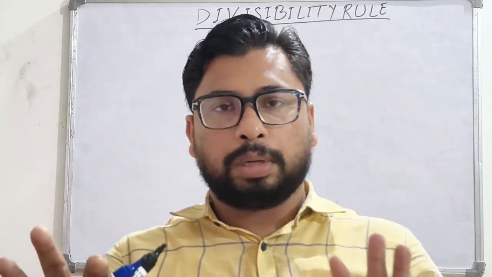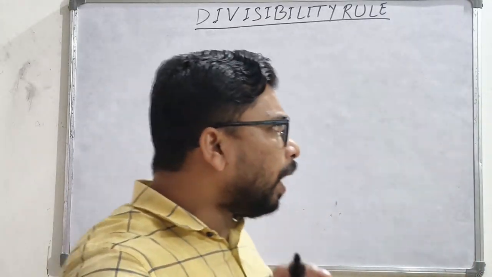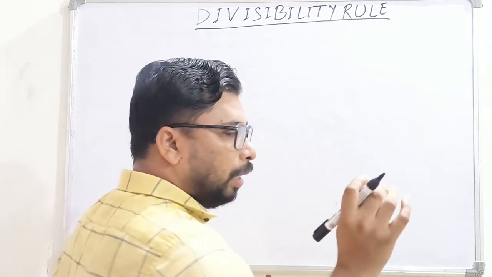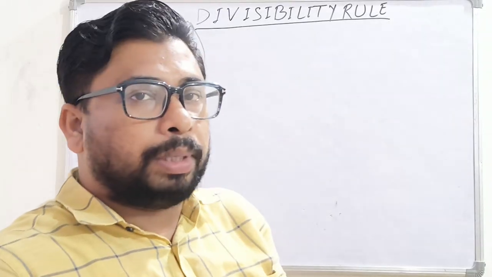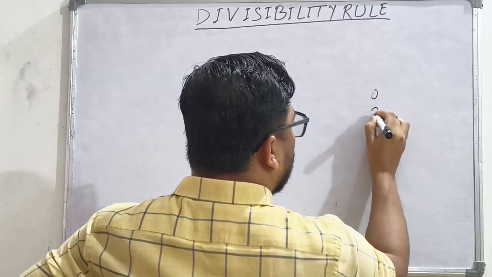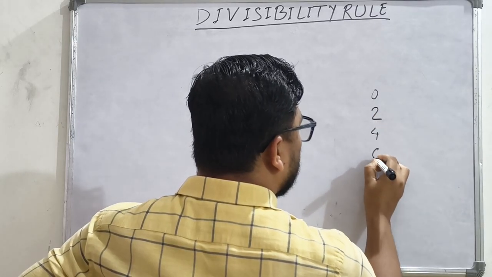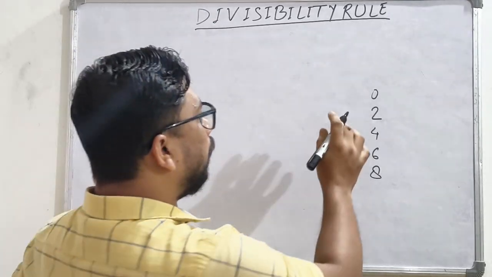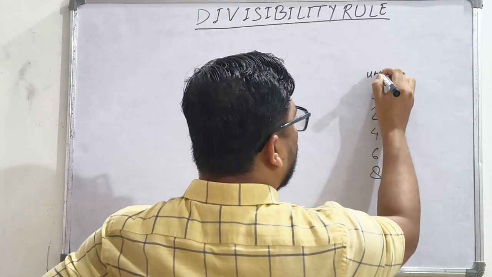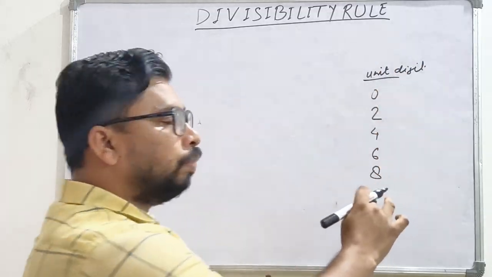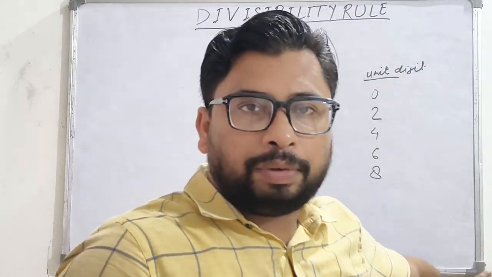All numbers you know. What is an even number? A number whose unit digit is 0, 2, 4, 6 or 8 is known as an even number.